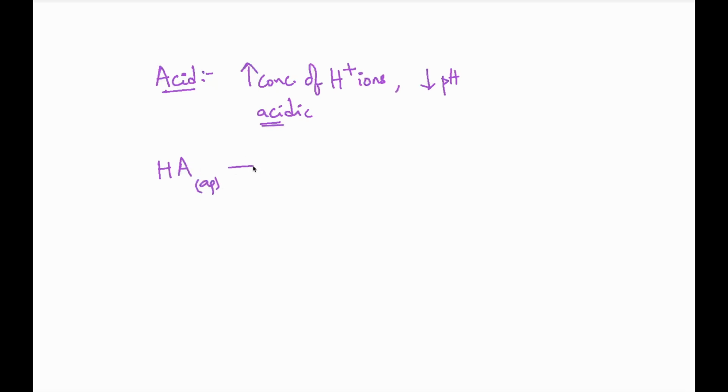An aqueous solution dissociates into H+ ions and the corresponding anion. Now, the hydrogen atom that has lost an electron is considered a proton. H+ is basically a hydrogen atom that has lost its single electron.